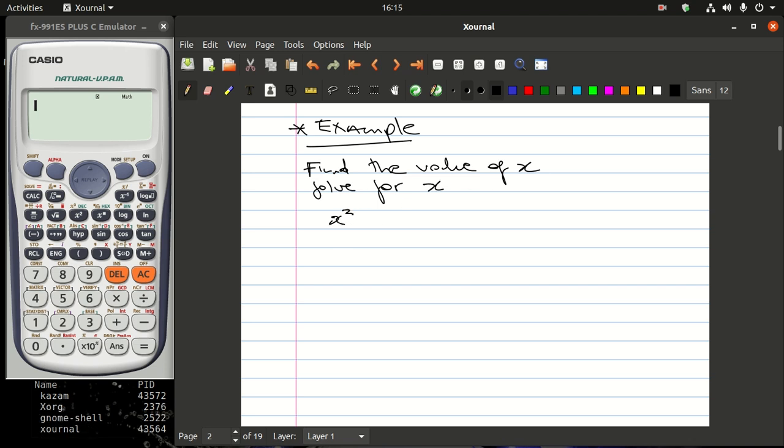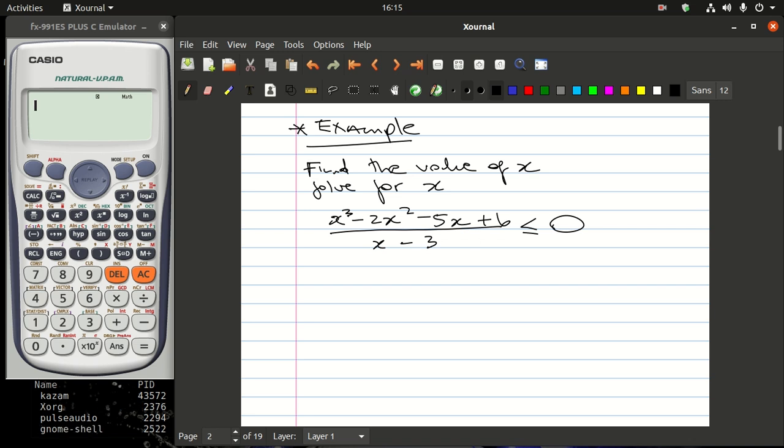And this inequality is going to be of this type: 2x squared minus 5x plus 6, all divided by x minus 3, and we say that this is less than or equal to 0.